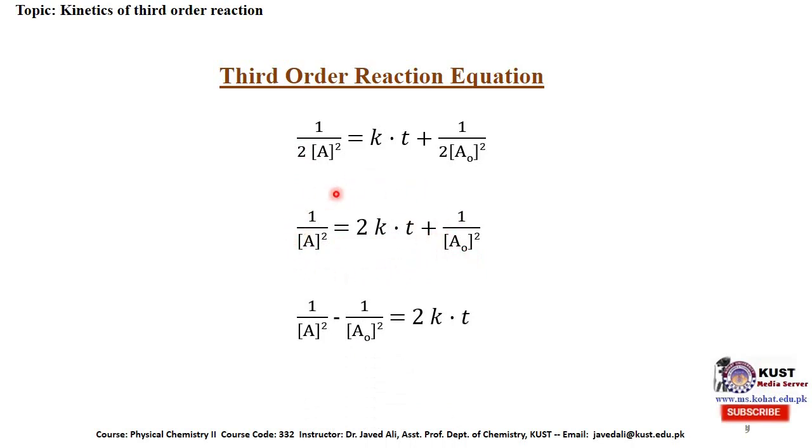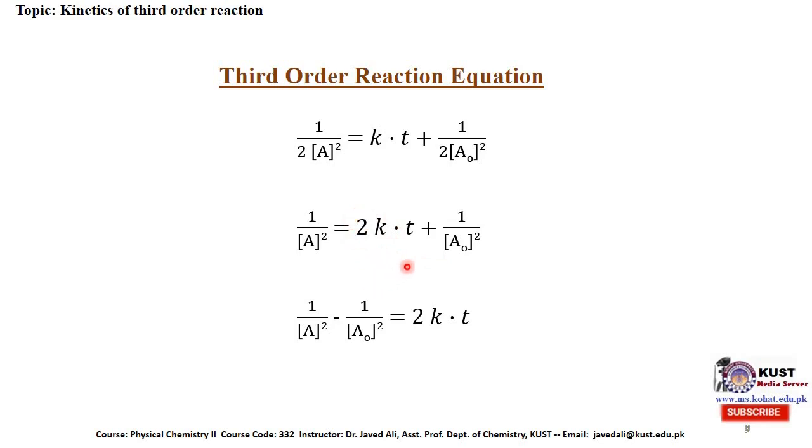This is a straight line equation, and we can plot 1 divided by A square versus t. We will get a straight line with intercept 1 divided by A naught square and slope 2k.